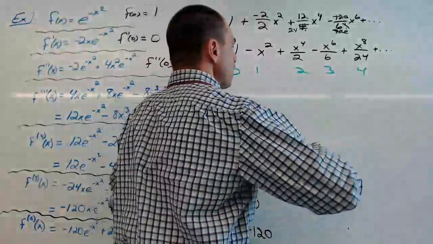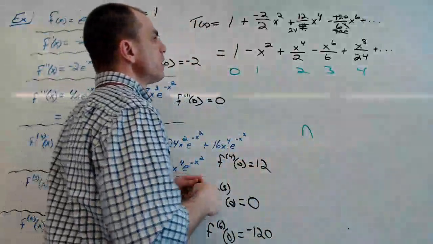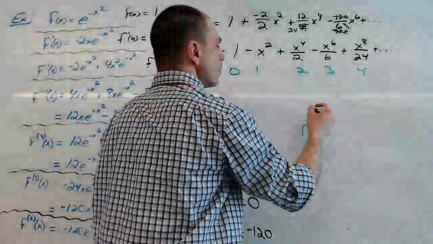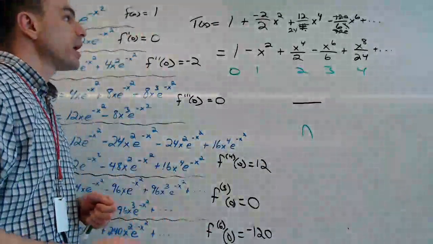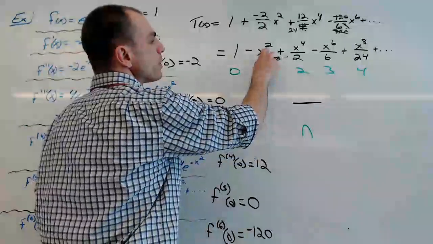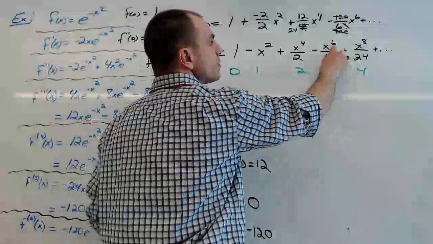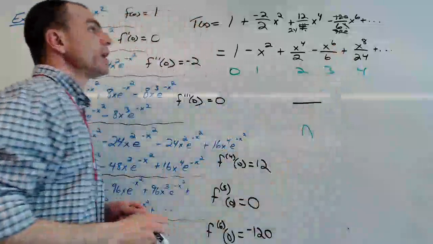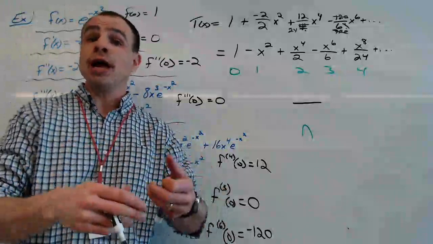So if we want our nth term, we can see that we're looking for a situation where it's going to be a fraction. For the first term it was x squared, for the second term it was x to the 4th, for the third term it was x to the 6th. So we actually want x to be raised to the 2n power.